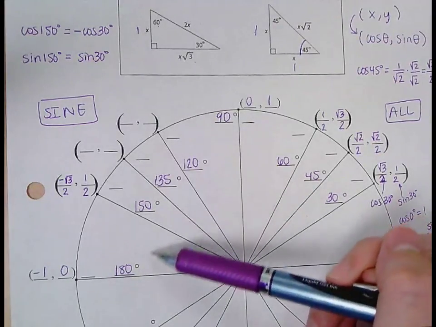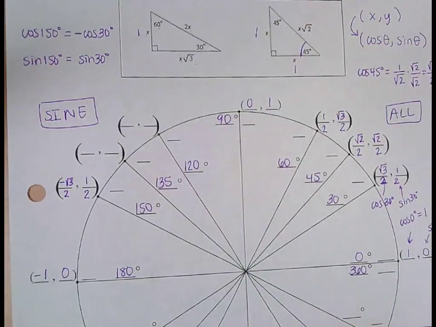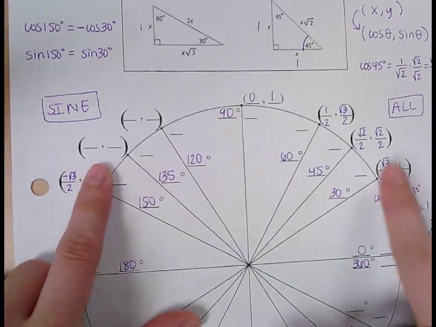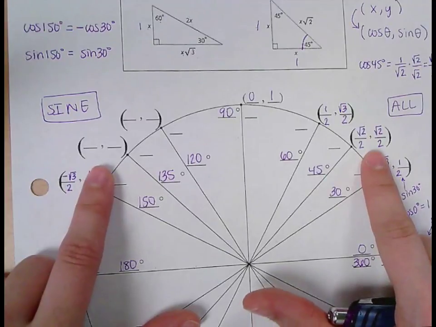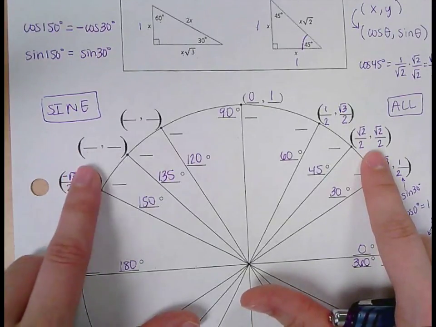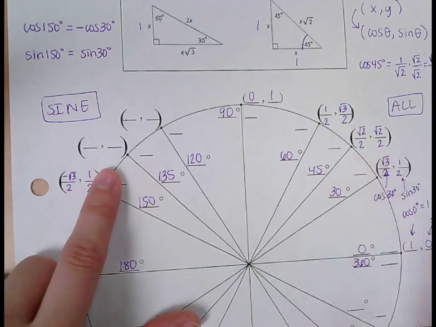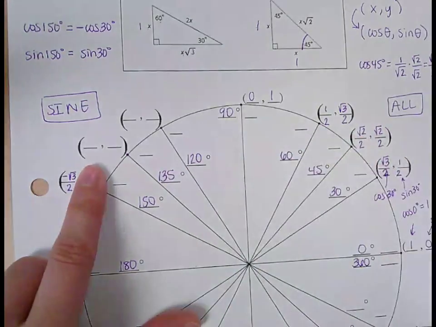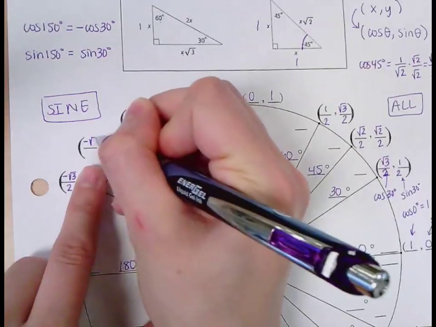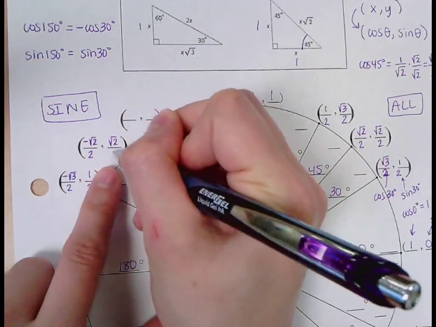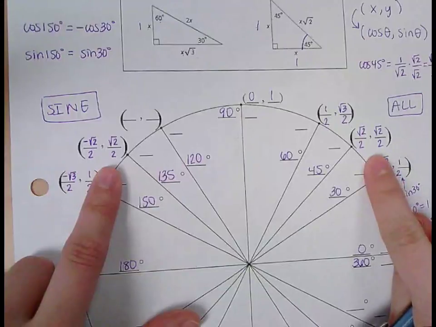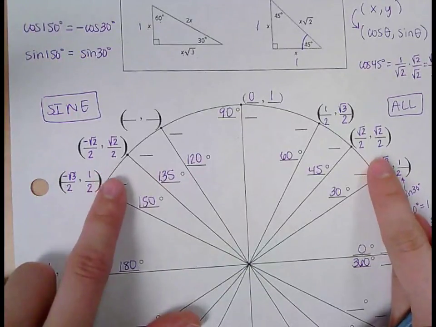So from 135 to 180, that's 45 degrees, meaning these coordinates are going to match the coordinates at 45 degrees because it's the reference angle, except the cosine value should be negative, the sine value should stay positive. So this x-coordinate is going to be negative square root of 2 over 2. This y-coordinate is positive square root of 2 over 2.